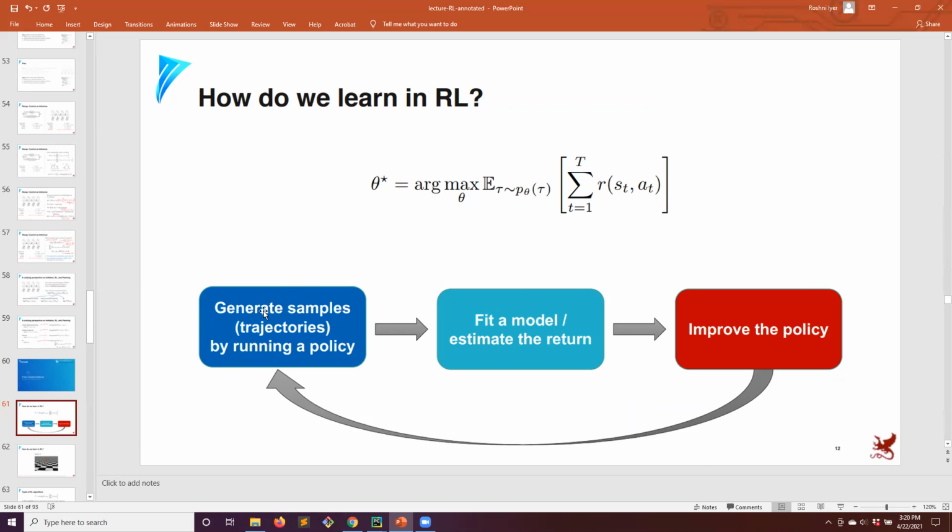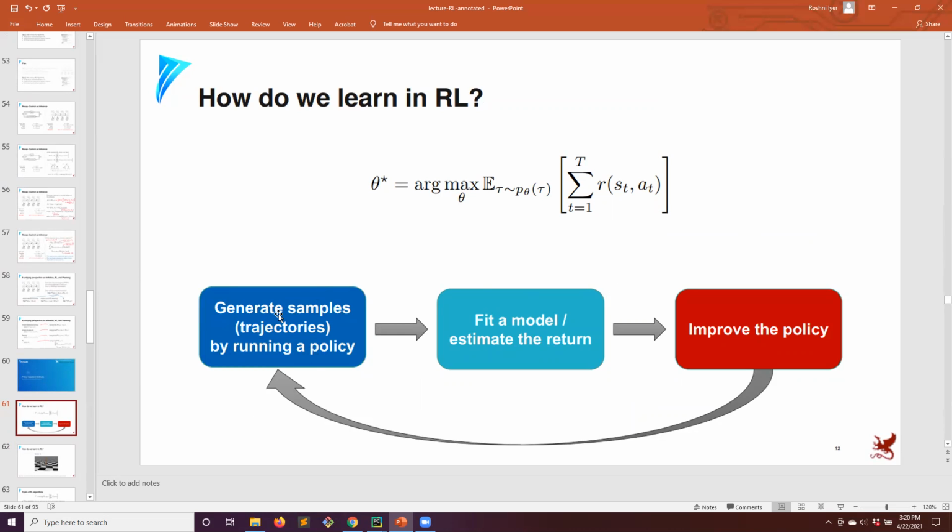First, we generate some samples by running a policy. This obviously assumes that we have a policy, but later on we'll find a way to get a direct relationship between Q and V without having this policy. But for now, we have a policy.